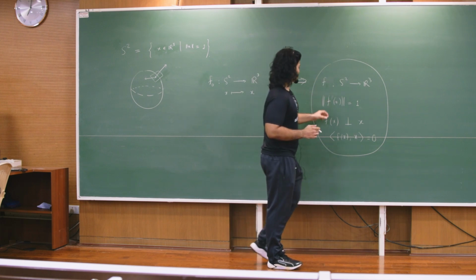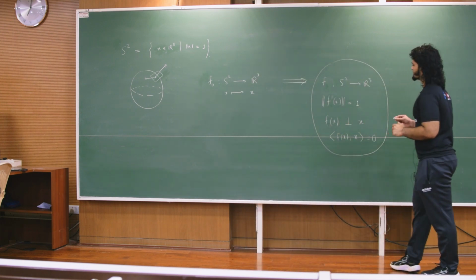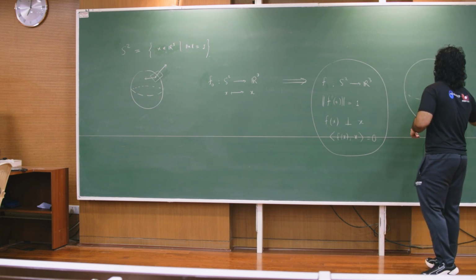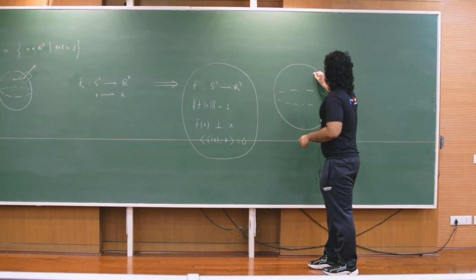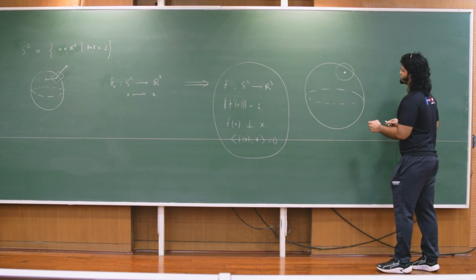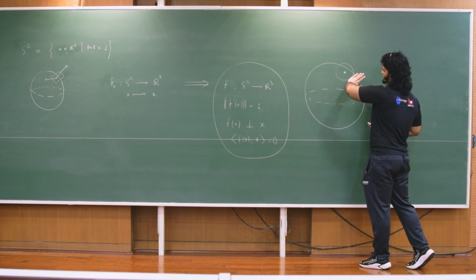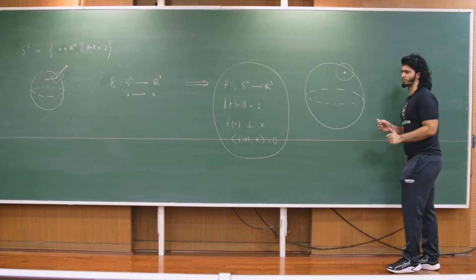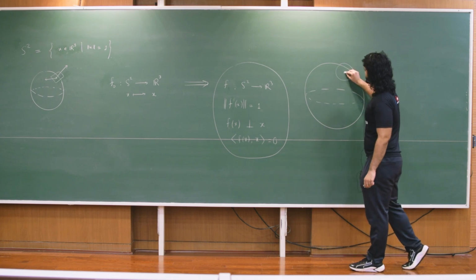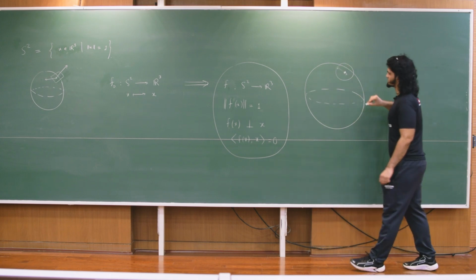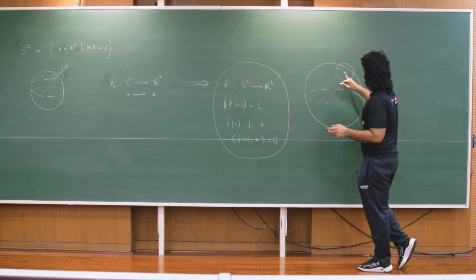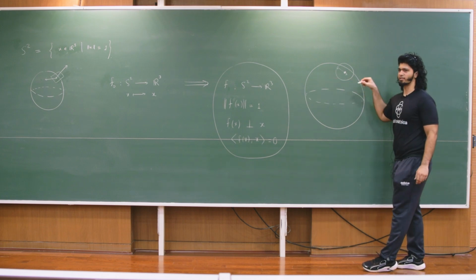For every x you want to satisfy these conditions, and geometrically, for any point x, there is a tangent circle around this point, in the plane tangent to the sphere at this point, and it consists of unit vectors. So if this is x, then you want f of x to be something like this. Again, I want to make the distinction that x is a point and f of x is a direction.